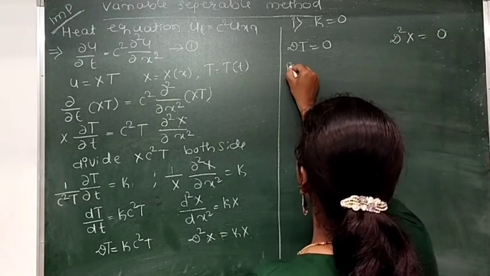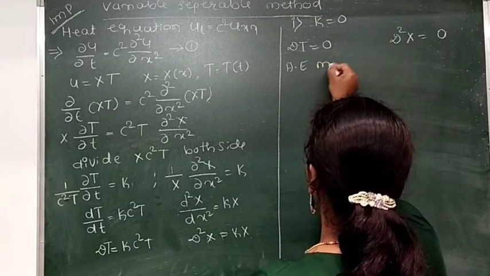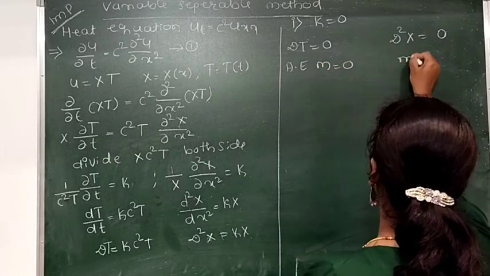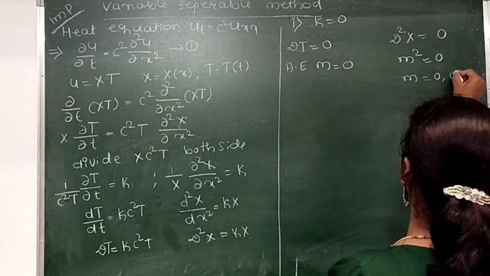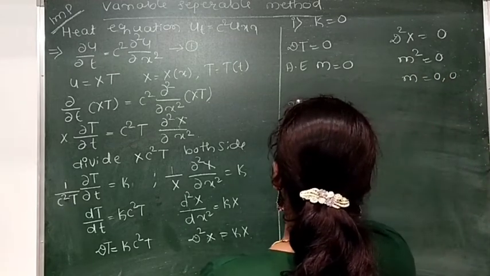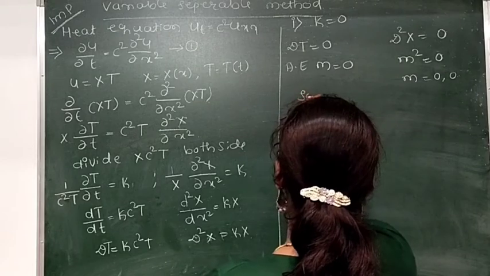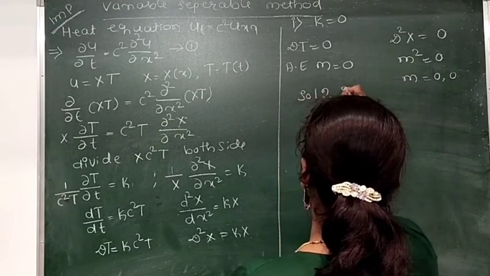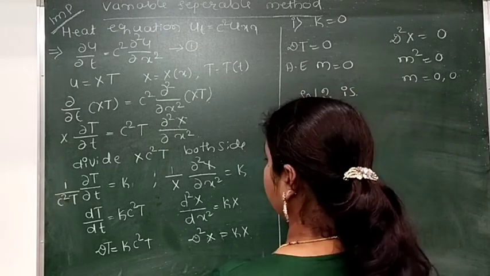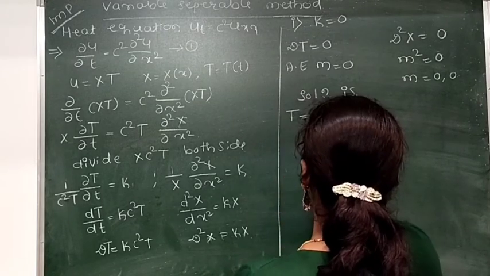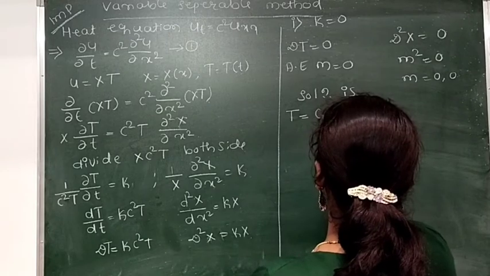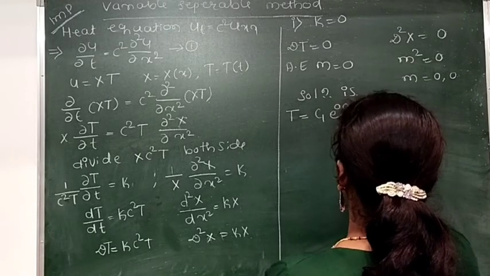Now take the auxiliary equation for this: m = 0, m² = 0, which means the roots become 0, 0 and 0. Write the solution for this. This is for t: T = C1 e^(0t).